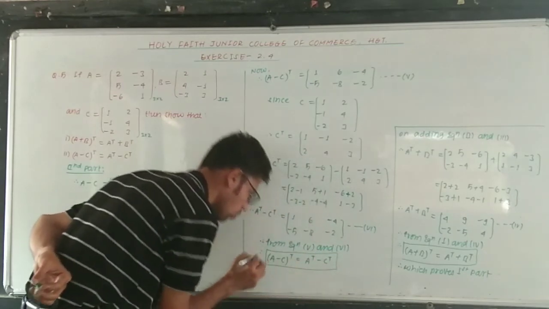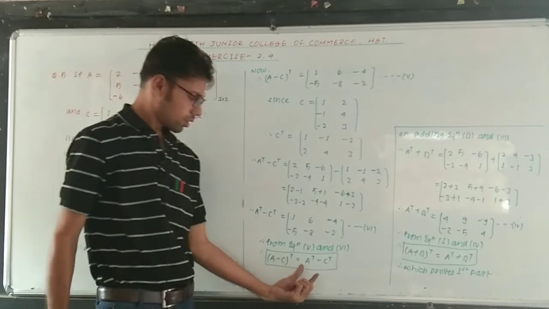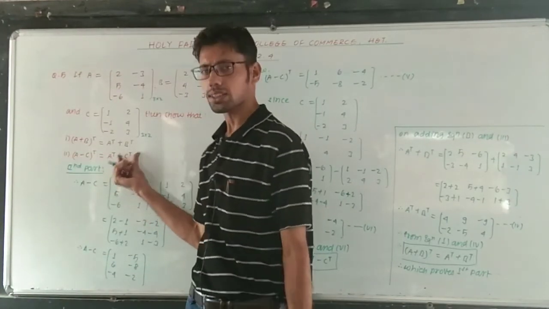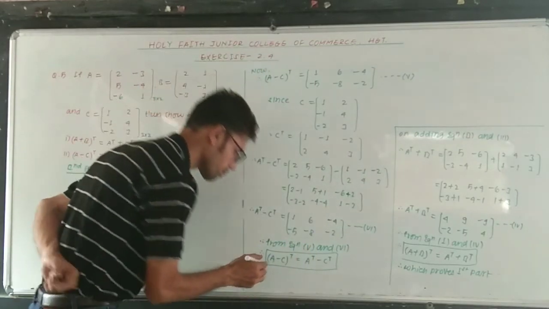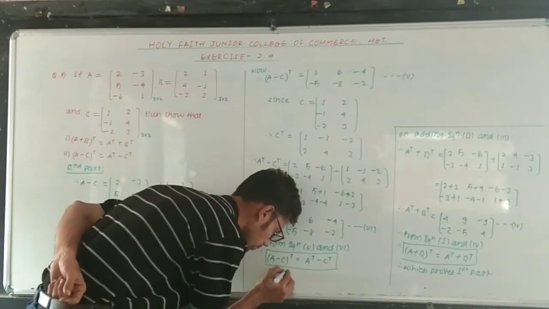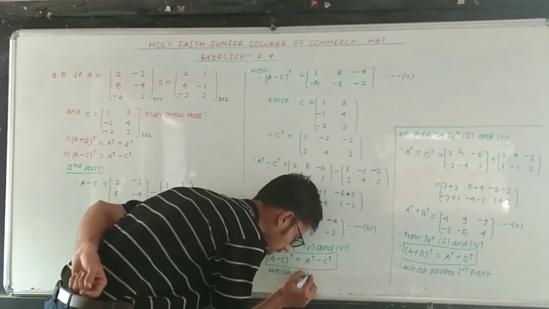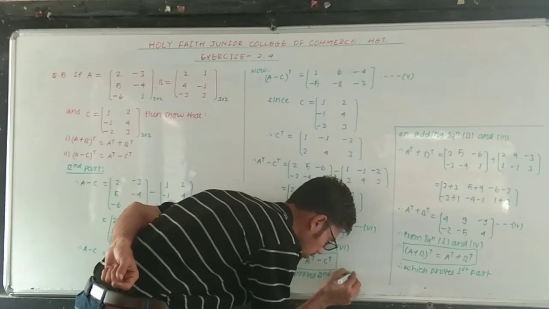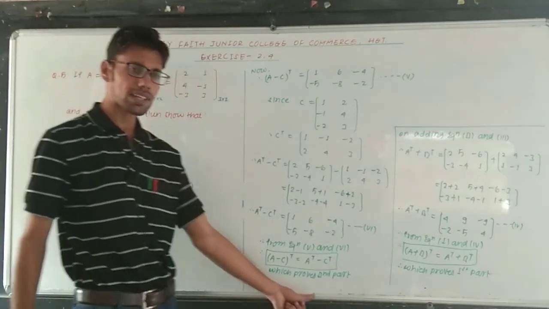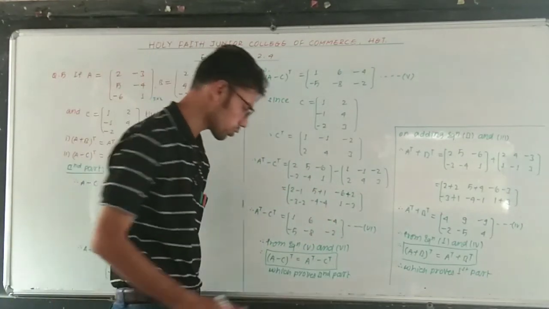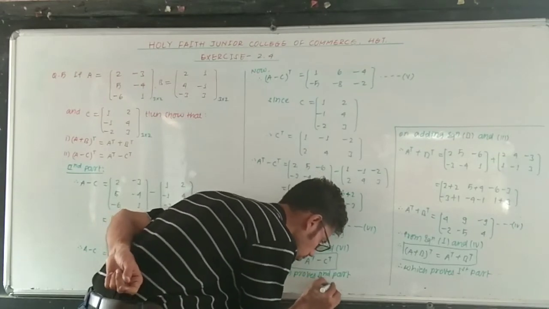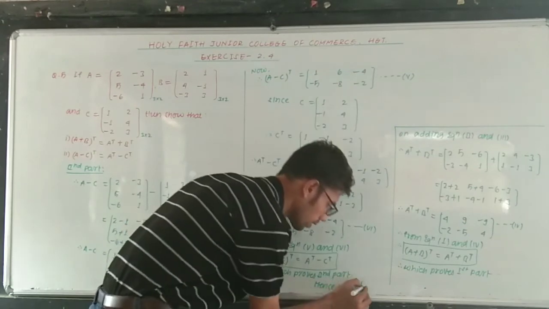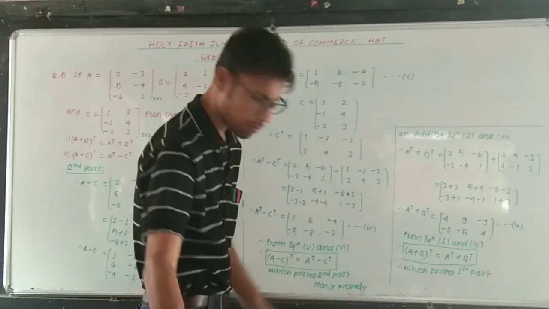This is what we had to prove. Therefore, the transpose of A minus C is equal to A transpose minus C transpose, which proves the second part, and at the end we write: hence proved. Here this example is completed.